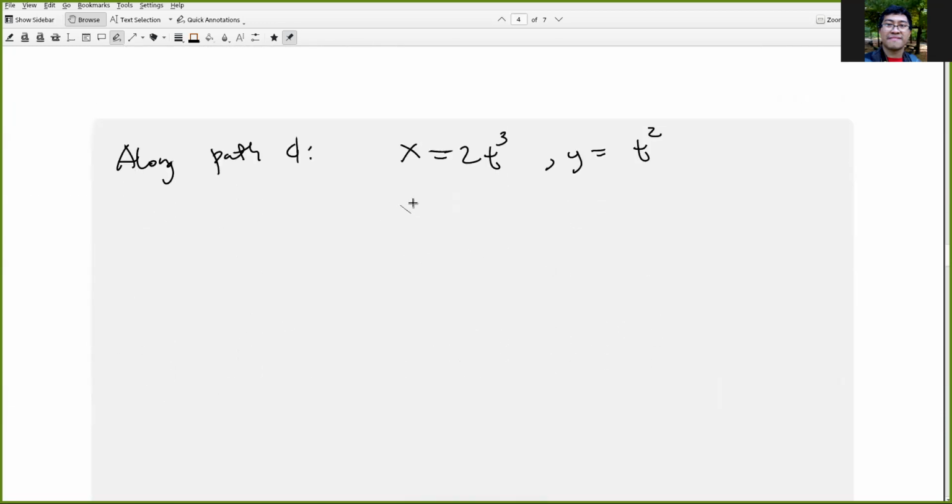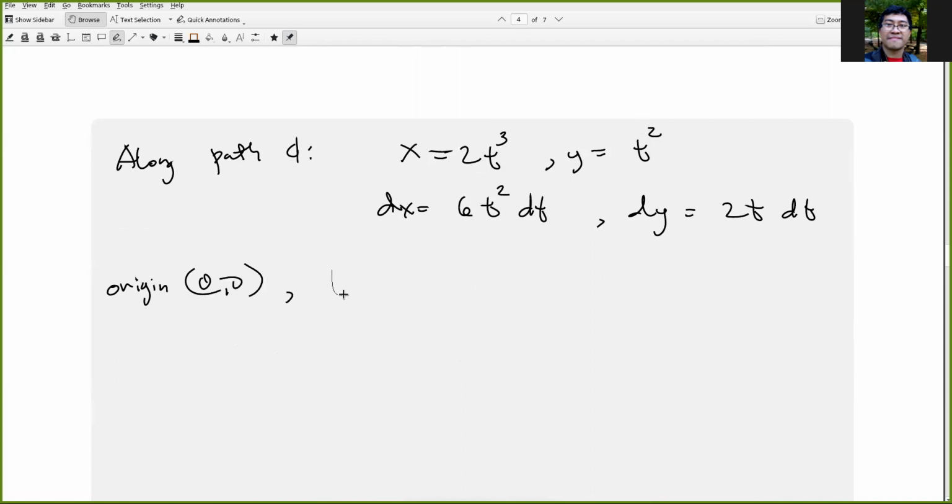So in this case, dx is 6t squared dt, and dy is 2t dt. We're just taking derivatives. Now at the origin, if x is 0 and y is also 0, t should also be 0.